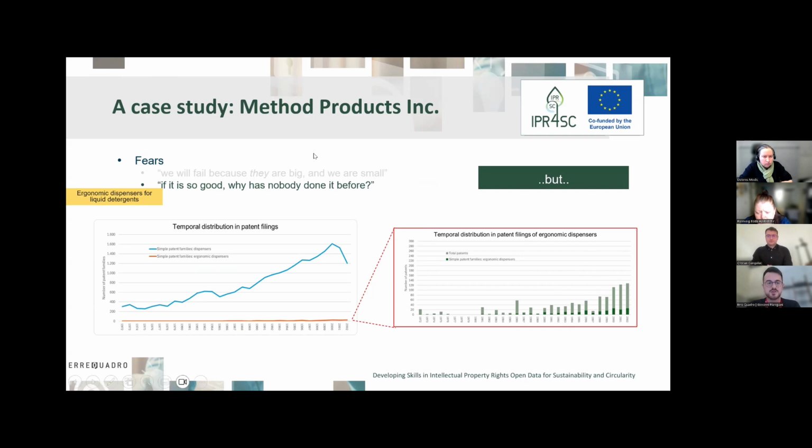So the answer to the fears of the founders would be, no, they are not big. I mean, they are also big, but there is room for competition. And this is the right moment, the right time to invest. And your idea is good because not many people are working on it. This could be a possible interpretation of this data that could lead to other analytics.